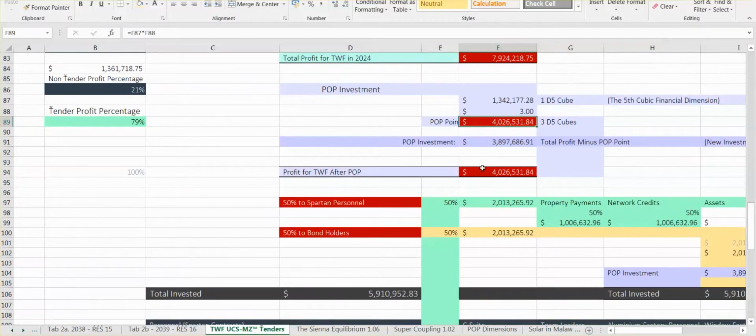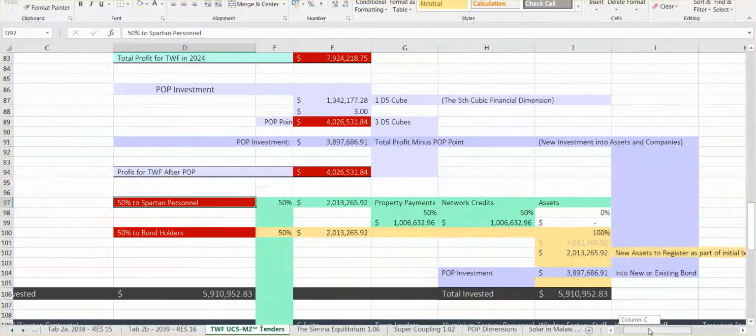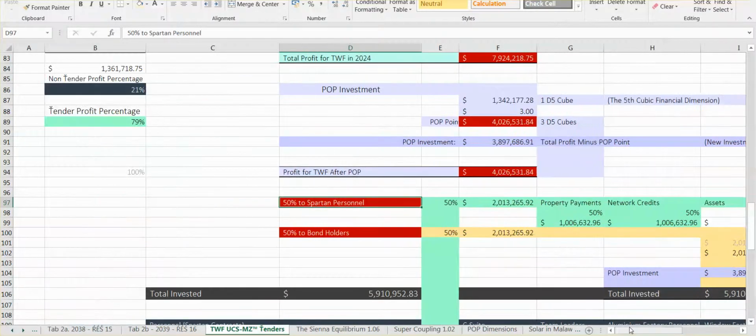General note as well, of the profit that the company can use pre-POP, half goes to the Spartan personnel, and inside of this we also see quite a lot of this money being split between their families or people they know.